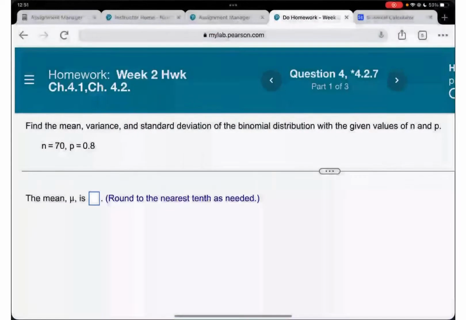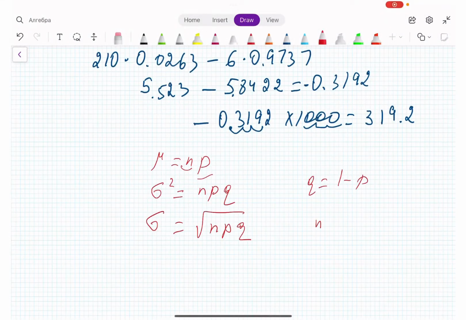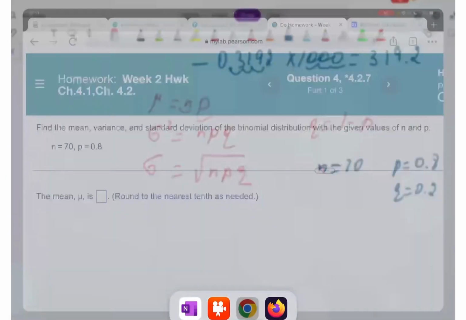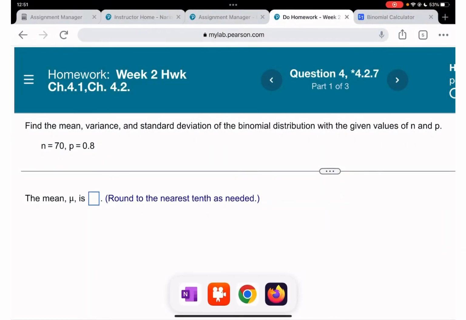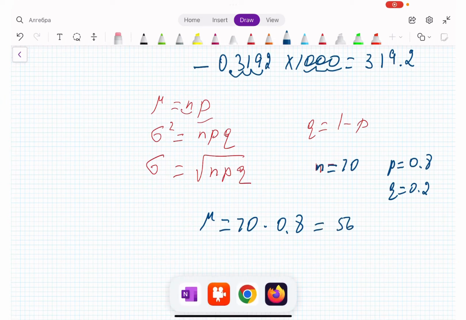What we have here: n is 70, p is 0.8, which means q is going to be 0.2. We need to find the average, right? Mu is going to be equal to 70 times 0.8. That's going to be 56.